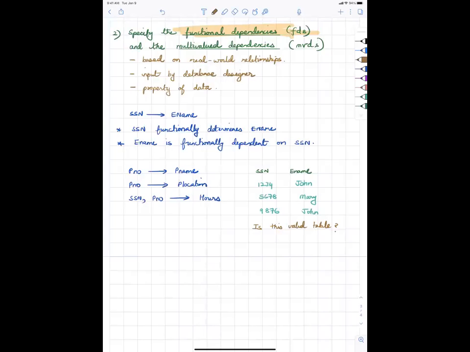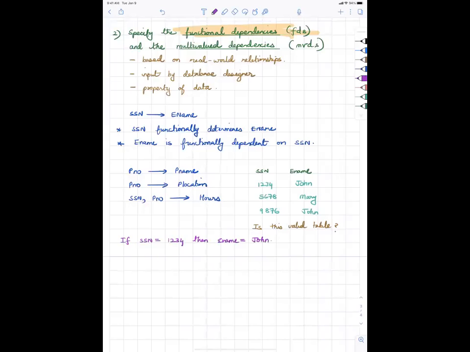So it's not. If we were doing e-name goes to SSN, then it would be a problem. Yeah, that's the thing. Sometimes people don't really understand this: A implies B, what does that mean? What I'm saying is that if SSN is equal to 1, 2, 3, 4, then e-name is equal to John.